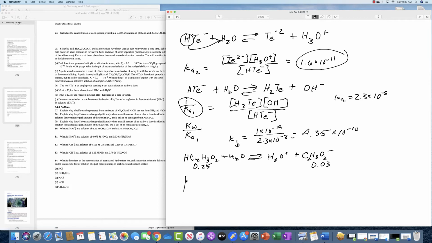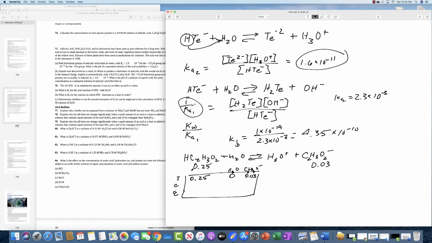If we draw our little ICE diagram, the starting concentration is 0.25 and 0 and 0.03. This is C2H3O2 here. This is H3O.